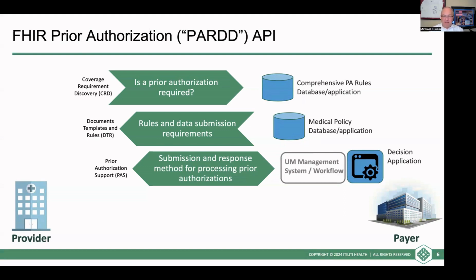Similarly, there needs to be a medical policy database application that takes that PDF of a medical policy and breaks it down into separate entities so that it can more effectively answer that question of what are the rules and what are the specific things that need to be submitted in a format that the DTR transaction can utilize. The last transaction, prior auth support, really needs a tool that helps the health insurance company make a decision and compare the medical policy requirements to the actual medical record of the patient.